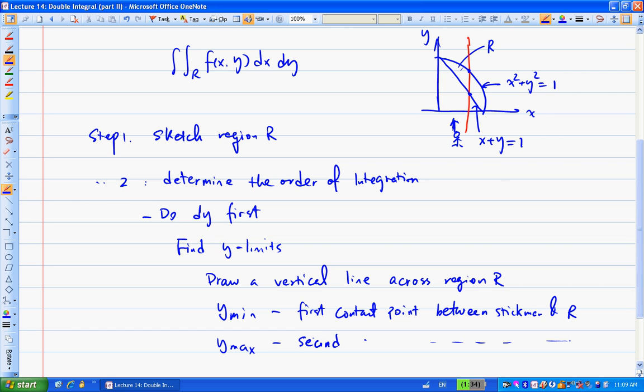This is the line you draw arbitrarily and vertically across the region R.